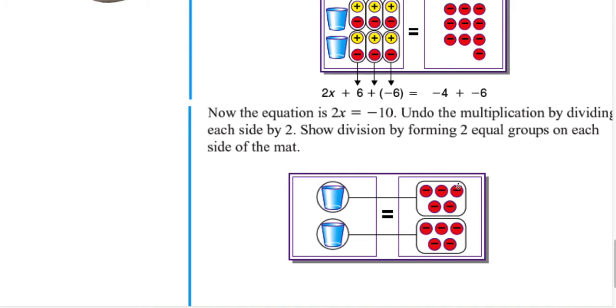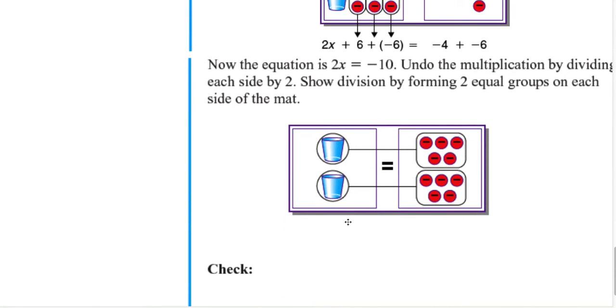So we divide our negative 10 counters into 2 groups of 5. This now becomes 2x over 2 is equal to negative 10 over 2. The fraction bar indicates division. And if you notice, 1 cup represents negative 5, so x equals negative 5.